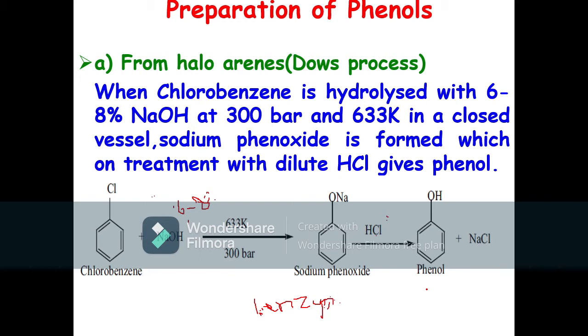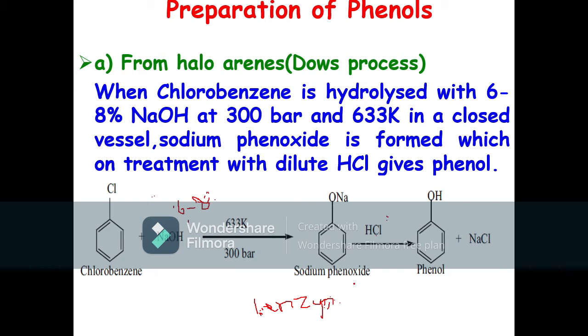When sodium phenoxide is treated with dilute hydrochloric acid, it gives phenol. Do you understand, students? Preparation of phenol, first from haloarenes. Halo means halogens, arenes mean aromatic rings or aromatic structures. It is also known as Dow's process.